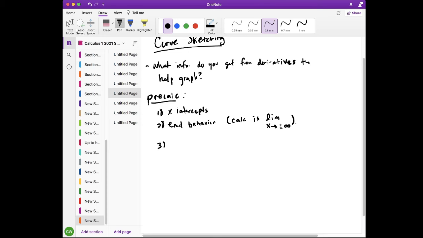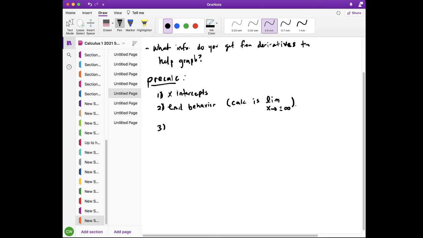All right, what else do we have from pre-calc? How about asymptotes? How about vertical asymptotes? How do you find vertical asymptotes? And we have a calc version.